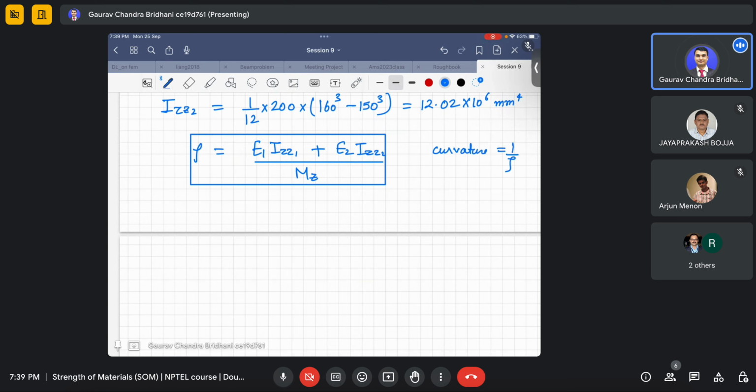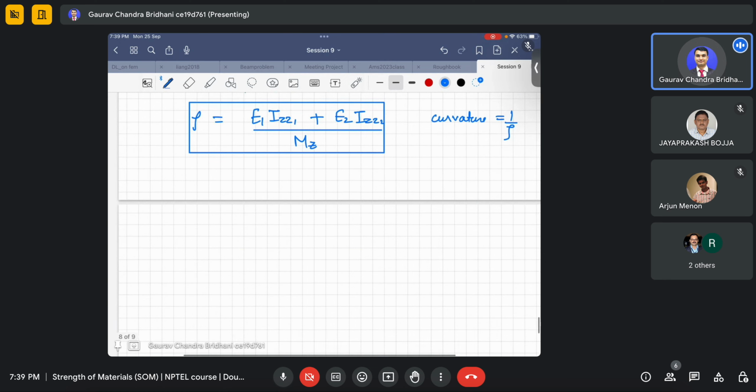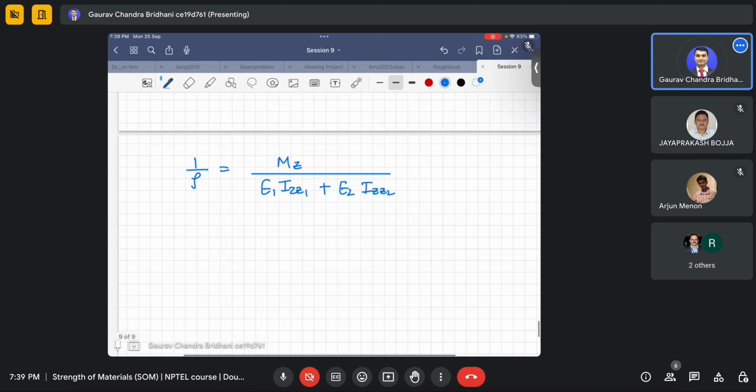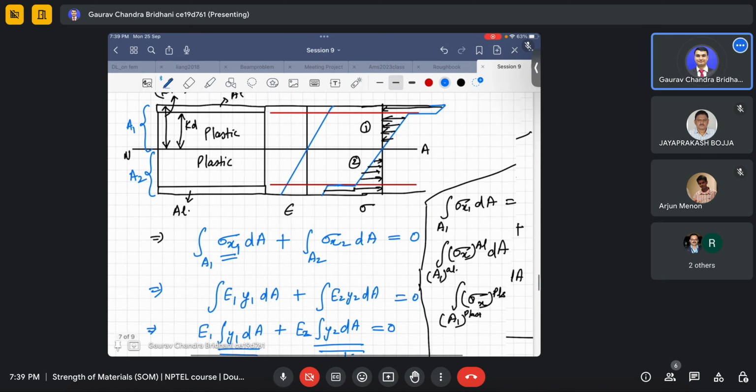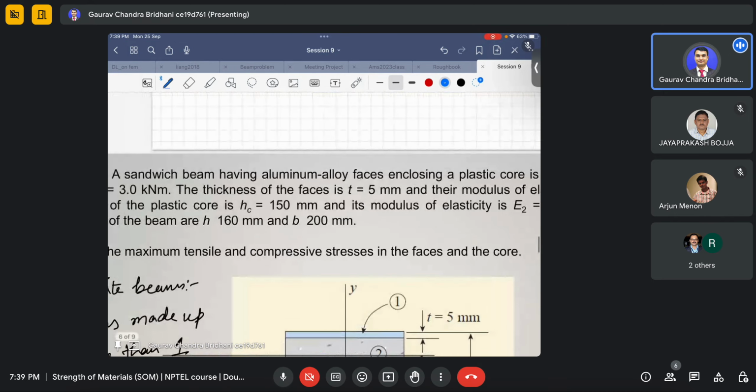Curvature is the more interesting quantity. So I will write 1 upon rho instead, which is just the inverse, upon E1 and so on. In most textbooks you will find it written as 1 by rho, because that is the more interesting quantity to work with. And mz is given, 3 kilonewton meter, I think. Yeah, 3 kilonewton meter.